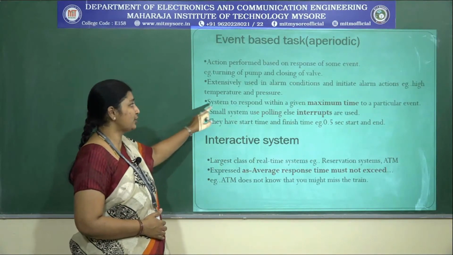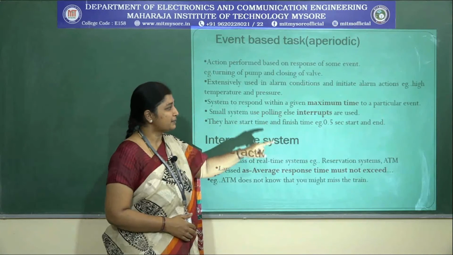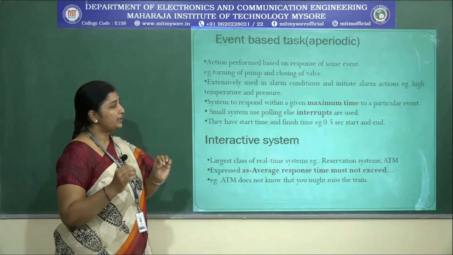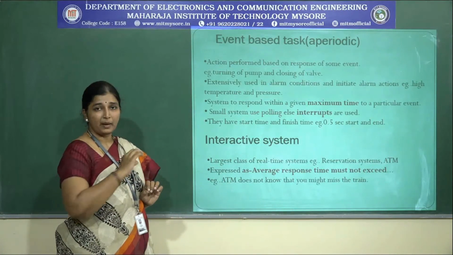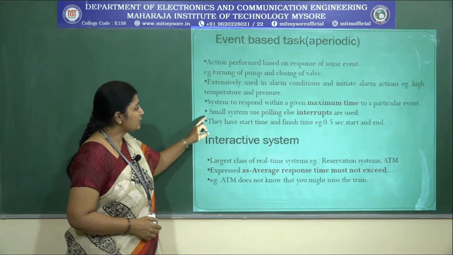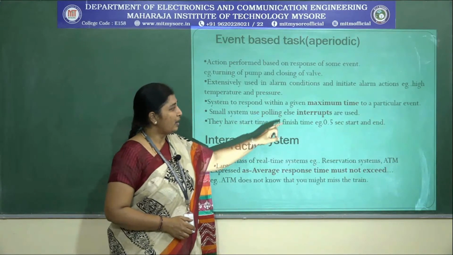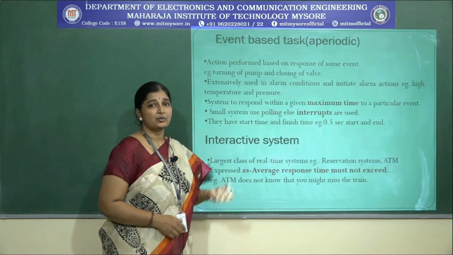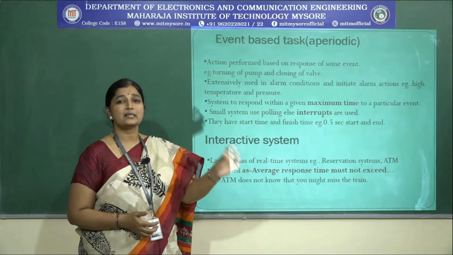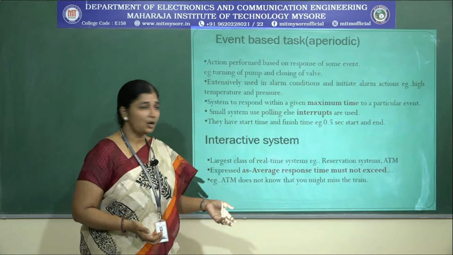Then you have a system that must respond within a given maximum time to a particular event. The maximum time is the duration within which you have to respond. Small systems use polling or interrupts. Interrupts, as I told you earlier, are just about synchronization or a real-time clock pulse.